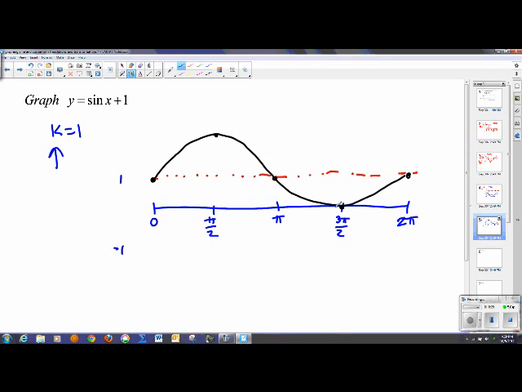And I'm going to check another point, specifically this one here. We'll find the sine of 3 pi over 2 and then add 1 to it. Well, the sine of 3 pi over 2 is -1. Add 1 to that, and I get 0, and that point checks out.